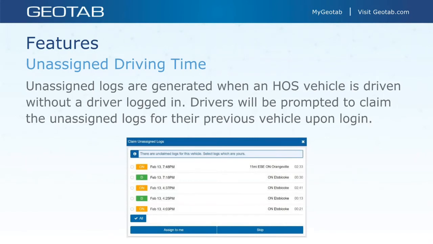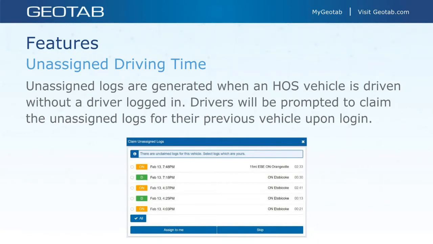Unassigned driving time. Unassigned logs are generated when an HOS vehicle is driven without a driver logged in. Again, part of the ELD mandate, we have to create logs for any time that the vehicle is used. Now, when the driver logs into the app, they are going to be prompted with these unassigned logs. And this is basically the system saying, hey, we saw that you just logged into this vehicle.